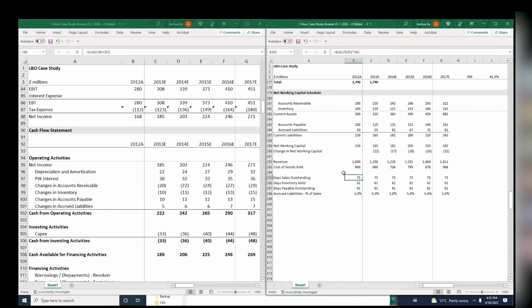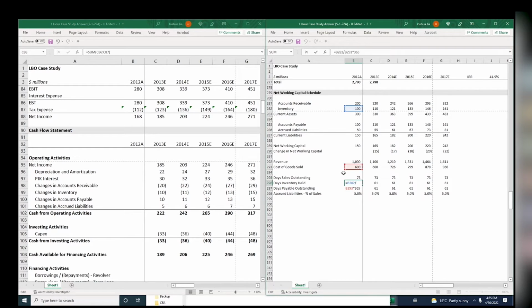Now let's multiply that by 365 because that's how many days there are in a year. If you're wondering why that math is the way it is, I don't feel like explaining it, but it makes sense, right? You multiply by 365 because you're trying to figure out in terms of days how long it takes for them to pay you, not in terms of percentage of a year, if that makes sense. But anyway, I won't go on about the math too much. It just is what it is.